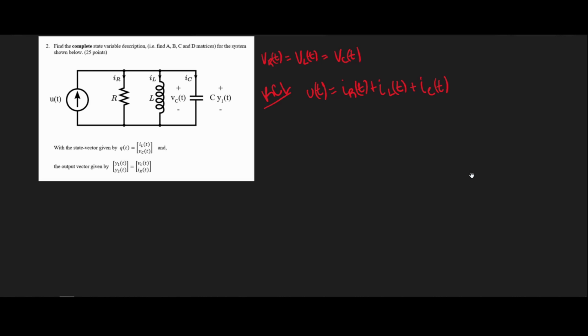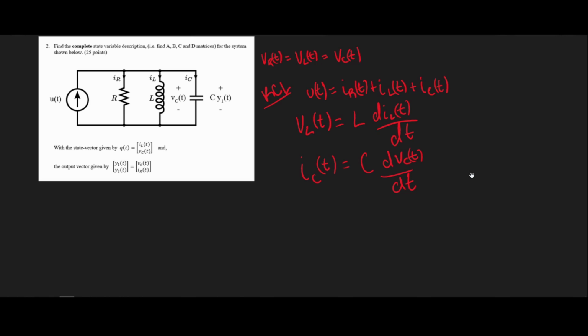With the inductor, we got the voltage is equal to L di_L(t)/dt, and the current across the capacitor is equal to the capacitance times dV/dt.